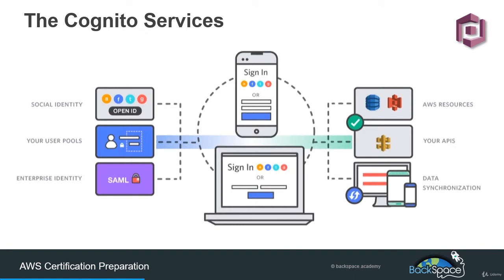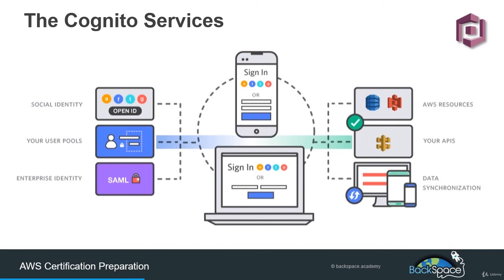Okay, so what do these 3 services look like? On the left-hand side there, we've got our Cognito user pools, and they're going to hold a collection of our users and some basic attributes about those users, such as their name and their address. So we can have our users sign in to that user pool using the Cognito ID service.